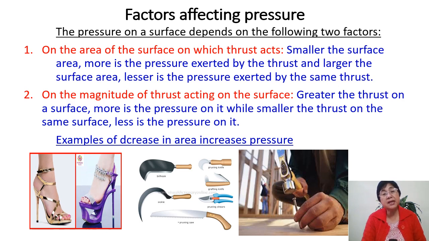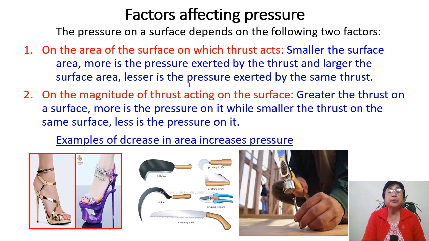If you give the same thrust but the area is different, on a small area, more pressure. On a large area, less pressure, because though the thrust is the same, the pressure also depends much on the area.